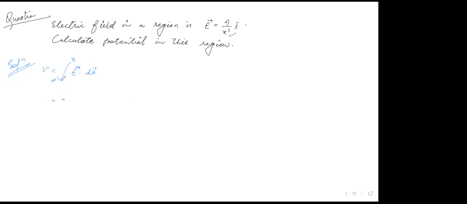So this is your negative sign here, integration, and E is A by X cube I cap, dot dx I cap, from infinity to X. Then minus of A can be taken outside from the integral: integration from infinity to X of 1 over X cube dx.